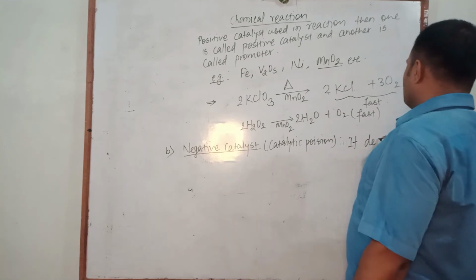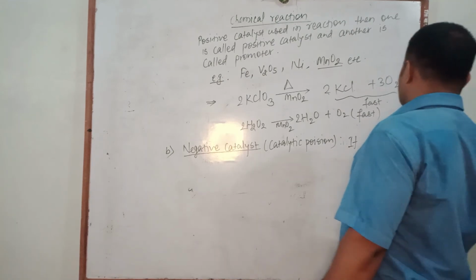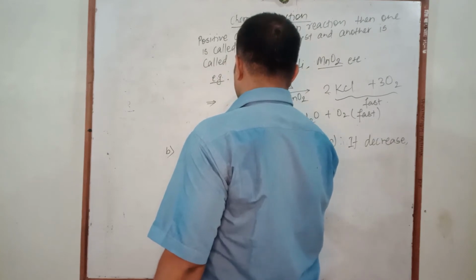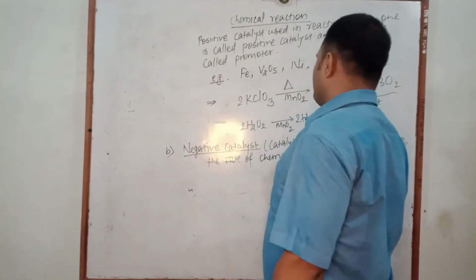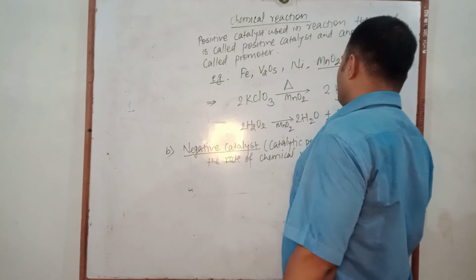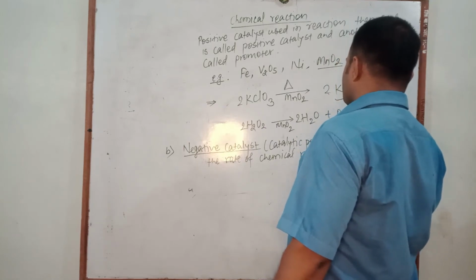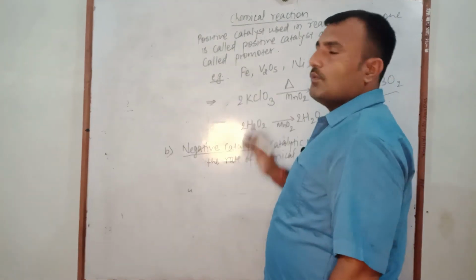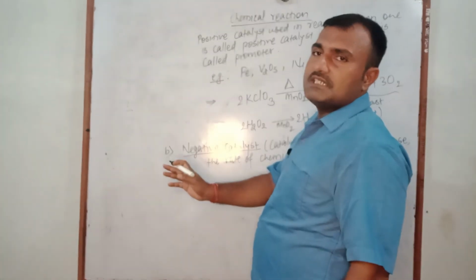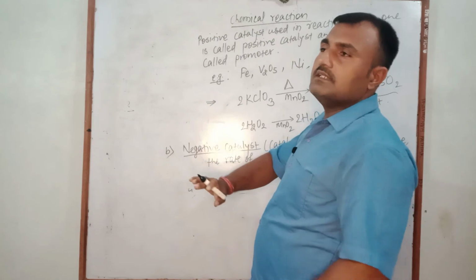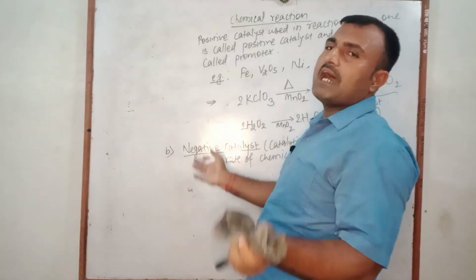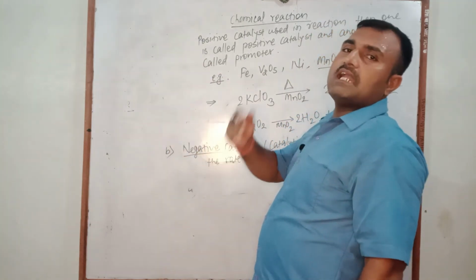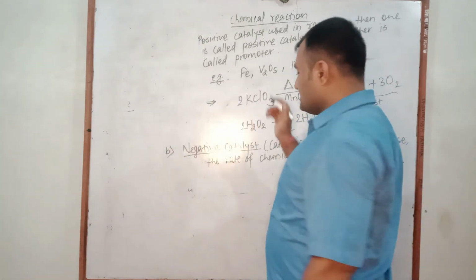It decreases the rate of chemical reaction. How? When a negative catalyst is used in a chemical reaction, it creates an inactive environment. It neutralizes reactant molecules and the rate of chemical reaction decreases.